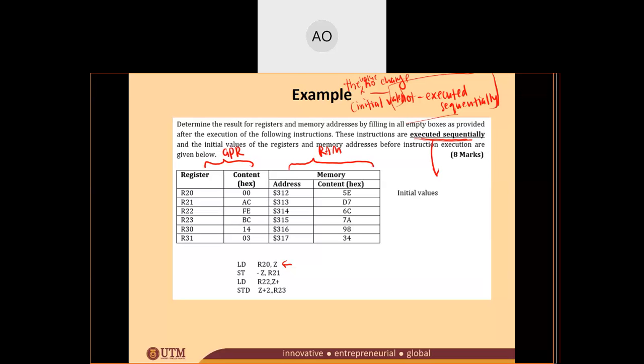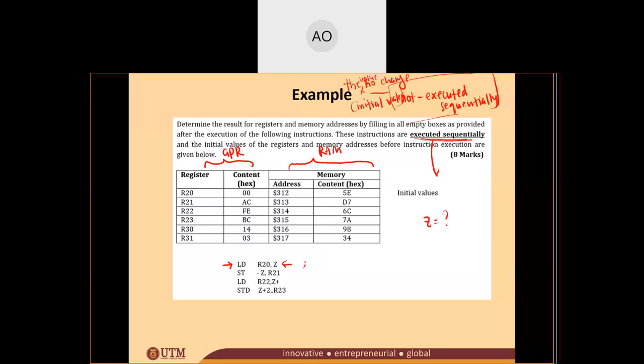First we do this one here, LD R20 Z. What happened after you execute this instruction? What is Z? Anyone? Who wants to help? What is your Z?